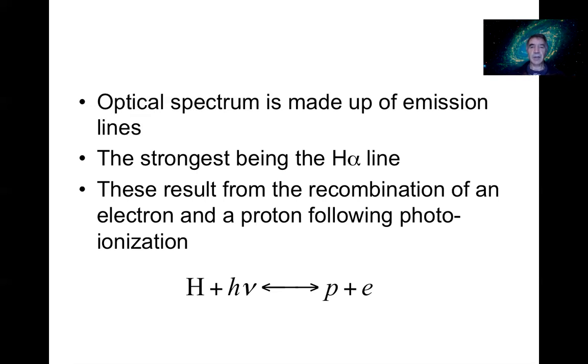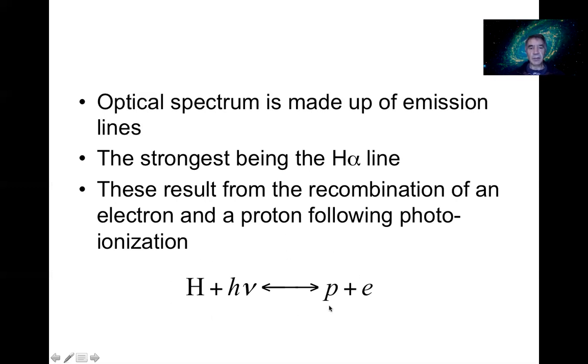And as the electron cascades down through the energy levels in the hydrogen atom, going down towards the ground state, it will emit photons as it's going. And if it drops from n equals 3 down to n equals 2, then it will emit the H-alpha line. Okay. So this is now the H-alpha line in emission.